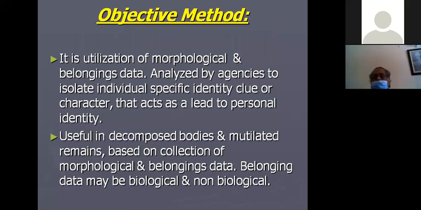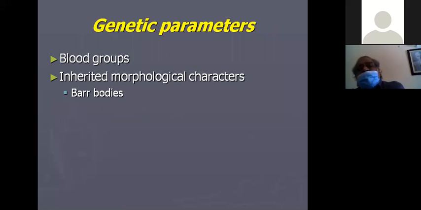In genetic parameters, there are blood groups and inherited morphological characters like Barr bodies and Davidson bodies.